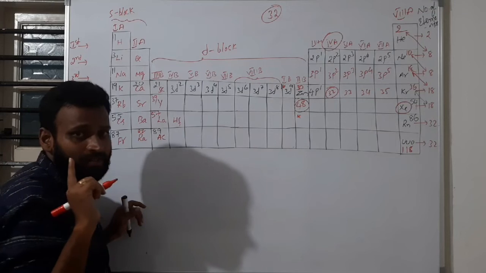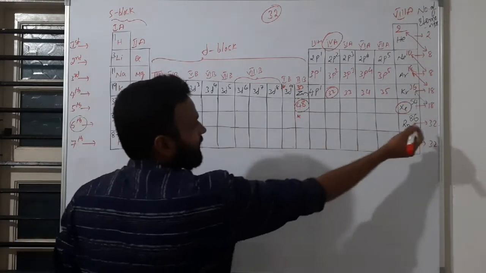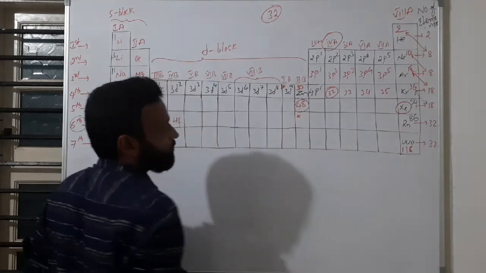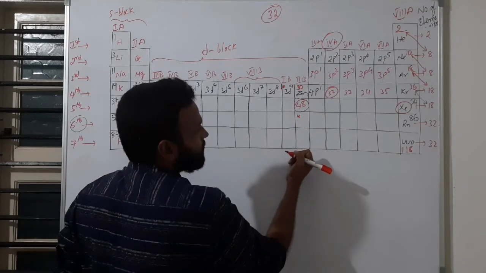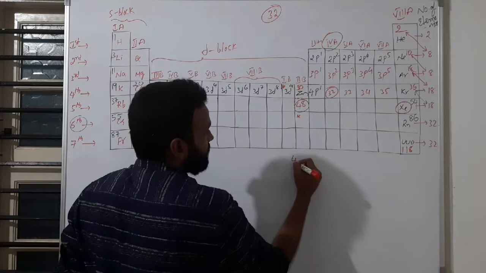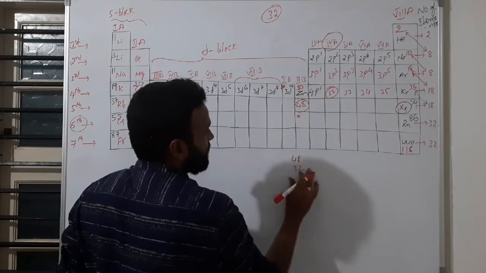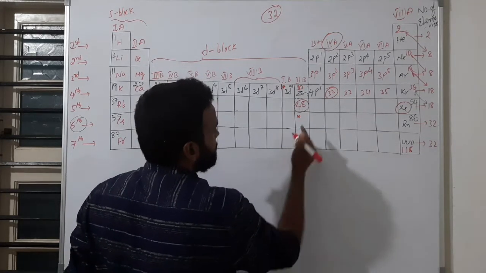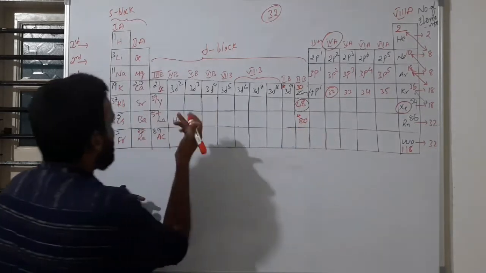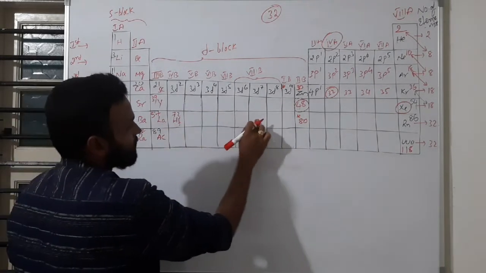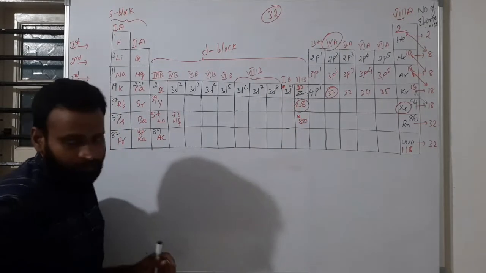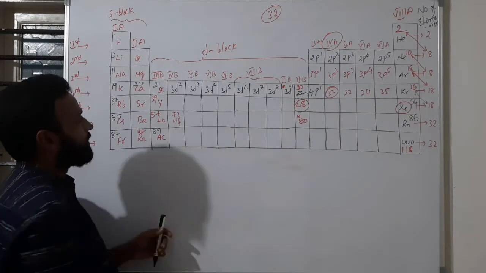Just repeat the class, definitely you can understand. So 48 plus 32. Here you can have the atomic number. How much? 48 plus 32 is 80. 80. Otherwise count from here. It's 72, 73, 74, 75, 76, 77, 78, 79, 80. Same coming or not? Because it is 72.